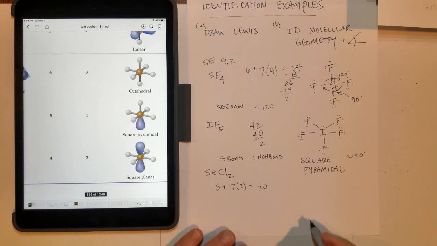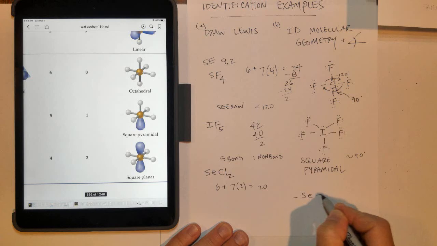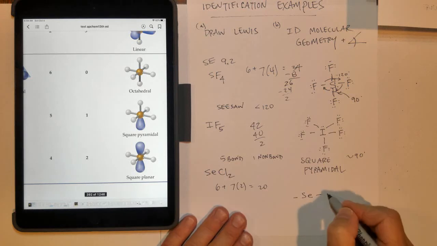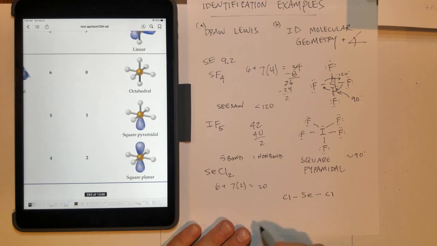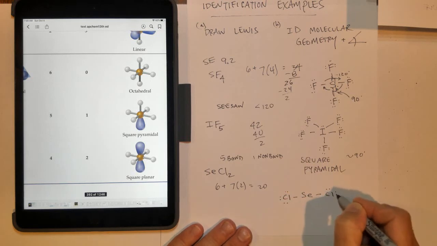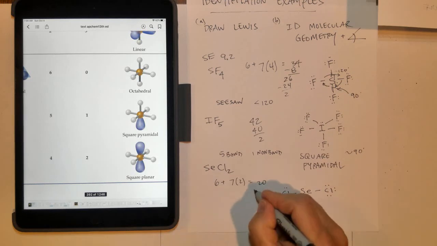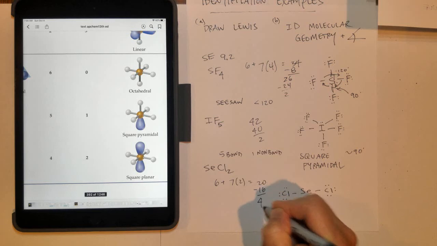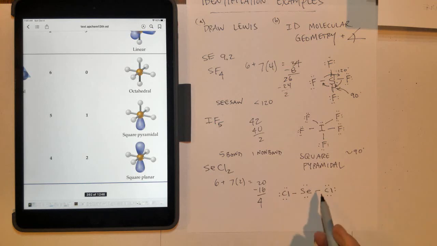Put the least electronegative atom in the middle, which is selenium, and then we're going to put the chlorines around it. That uses up 4 electrons. Complete the octets for chlorine. That uses up another 12 electrons. 12 plus 4 is 16. So 20 minus 16 means I have 4 electrons remaining. I have to put those on the central atom because this central atom needs to have a complete octet, and now we have octets everywhere.